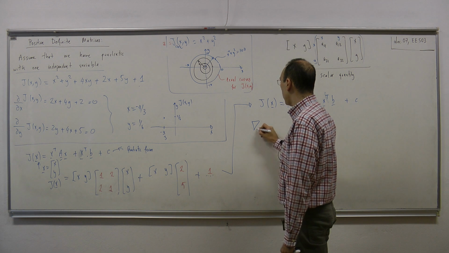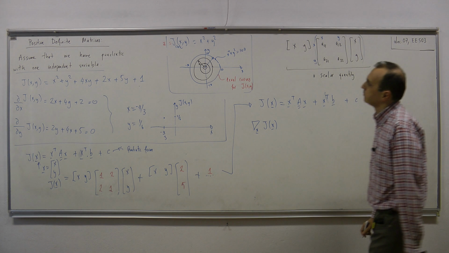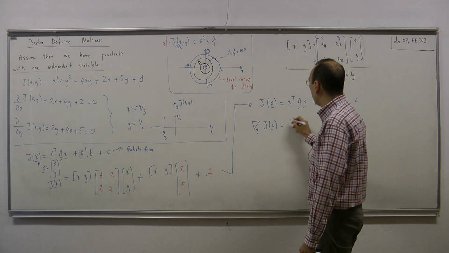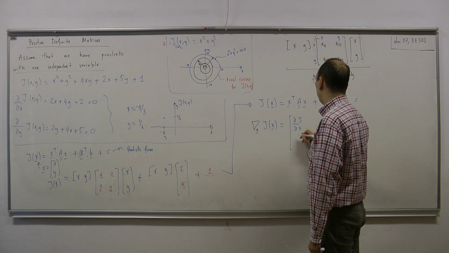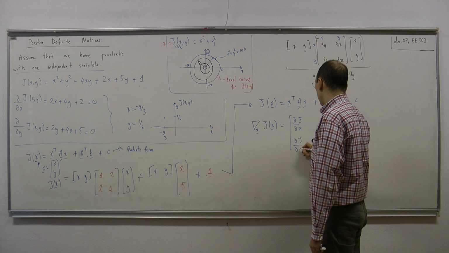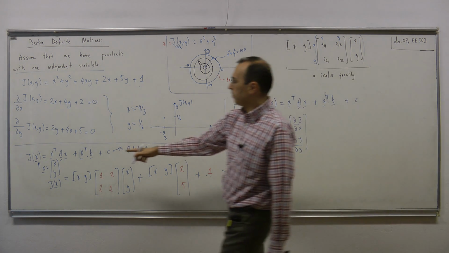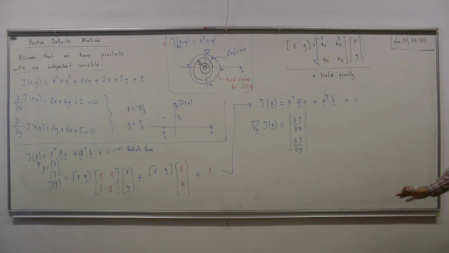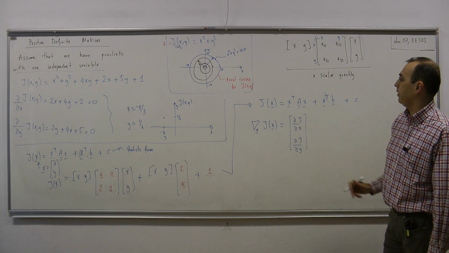Gradient with respect to this x variable. Okay? So what is that gradient operation? Actually nothing different. It is the partial derivative of this j with respect to x and partial derivative with respect to y. Because x vector contains x and y, so this is gradient is partial derivatives. This is the definition of the gradient. Partial derivatives with respect to the independent variables.